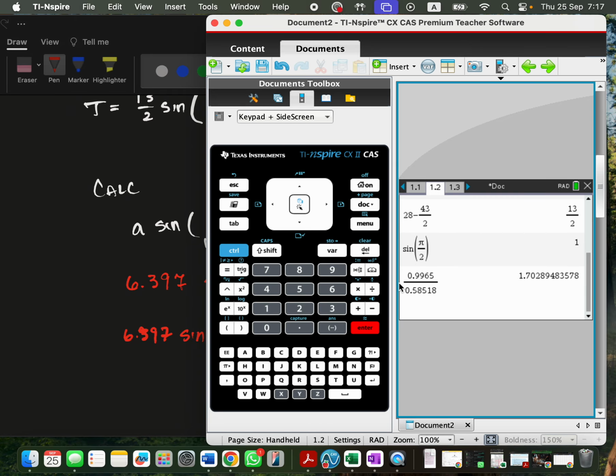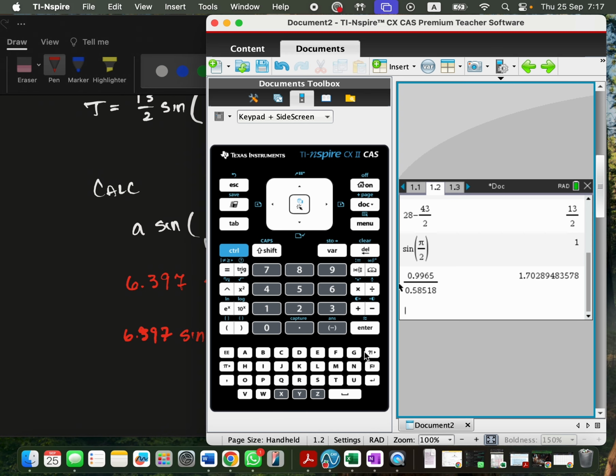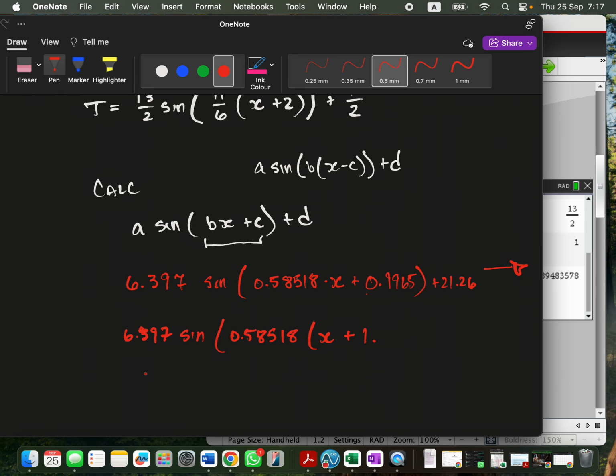Could be 1.023. All right, so we end up with something that looks like that as my regression.